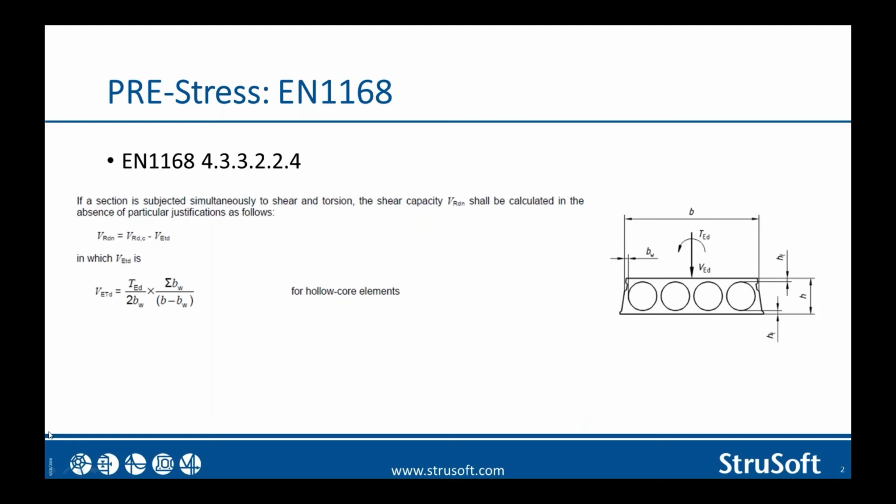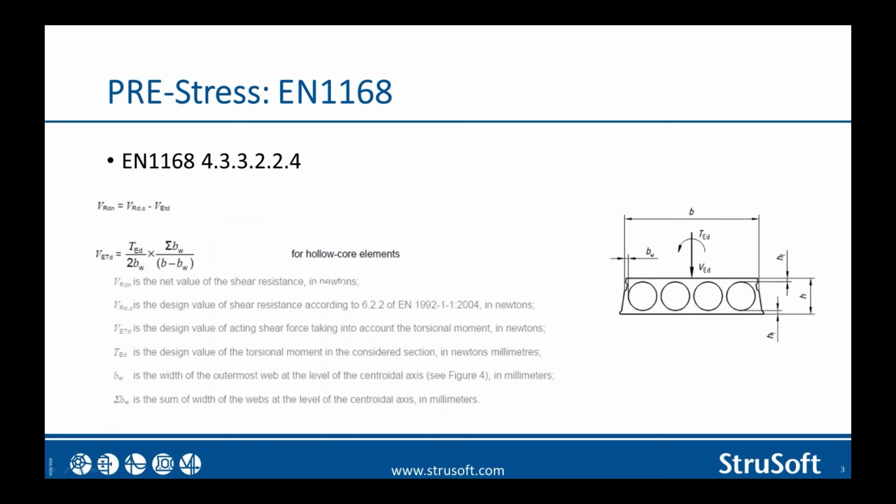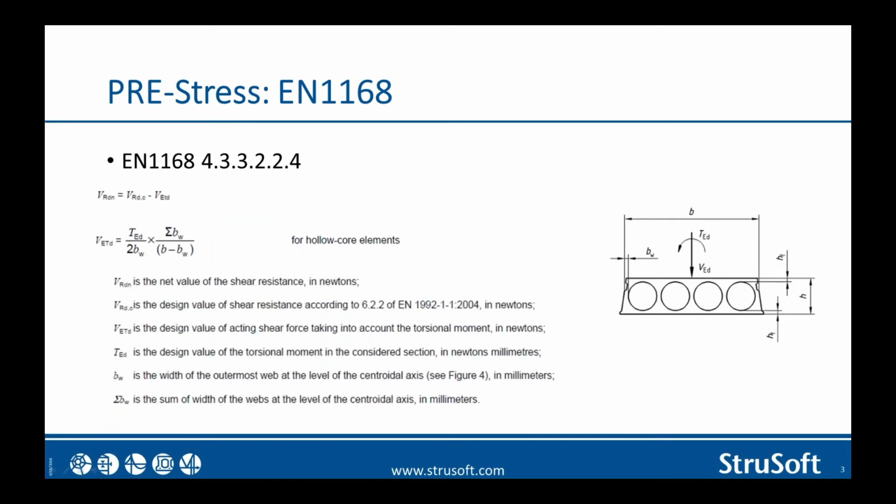And this is basically what we are doing in PreStress. In EN 1168, there is a good explanation of this, and we are just basically taking the TED, which is the torsional moment caused by any loads, and that will be a reduction of the shear capacity.